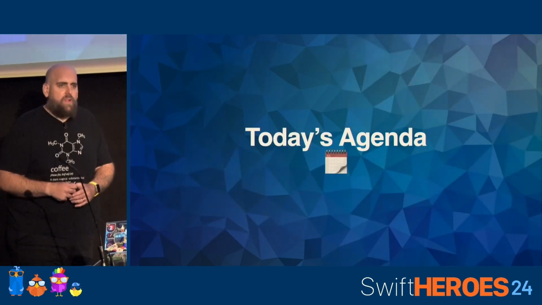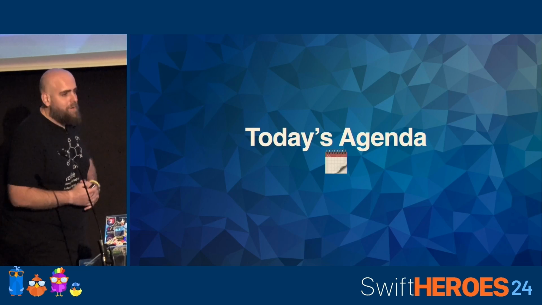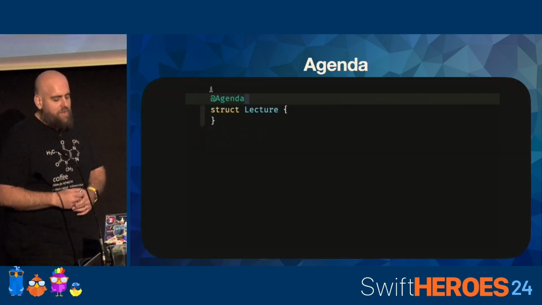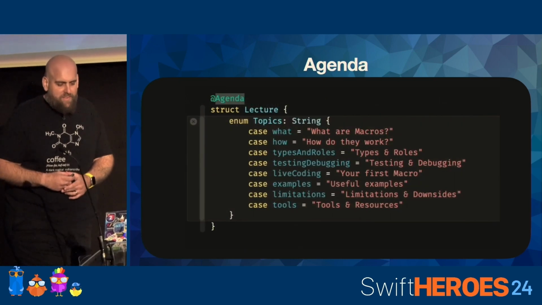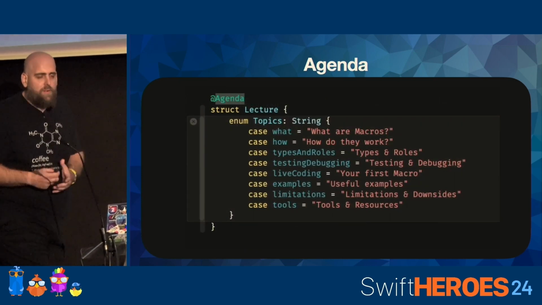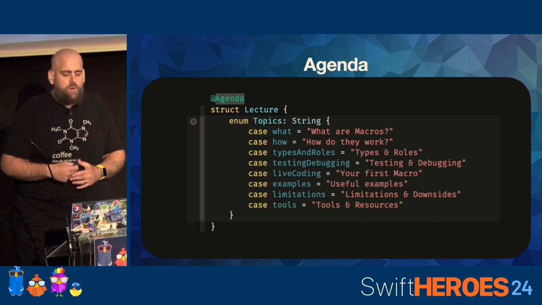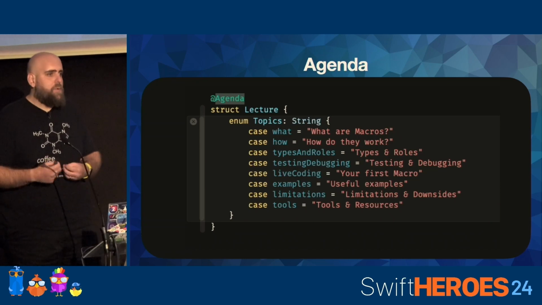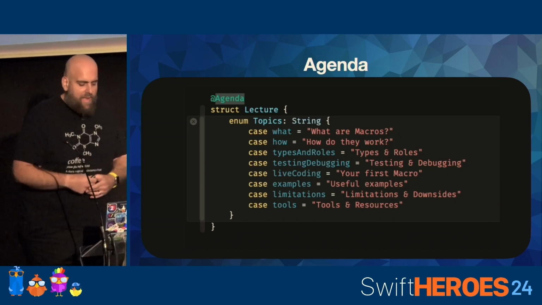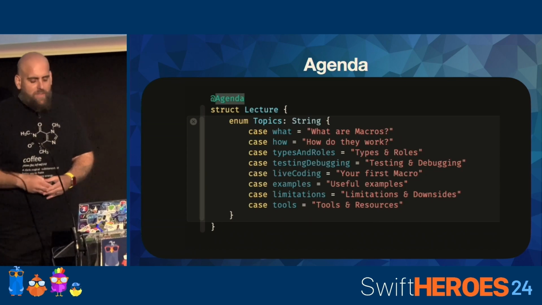Cool. So a quick jump start to today's agenda, where we're already going to meet our first macro of the day. On our lecture struct, we're going to attach our agenda macro and expand it, and we will get today's agenda. First we'll start off with what are macros, how do they even work, some of the types and roles you can use when you are writing your own macros, a few tips and tricks about how you can test and debug your own macros and third-party macros, and we're going to have some fun live coding a real macro together here on stage in the middle of the talk.